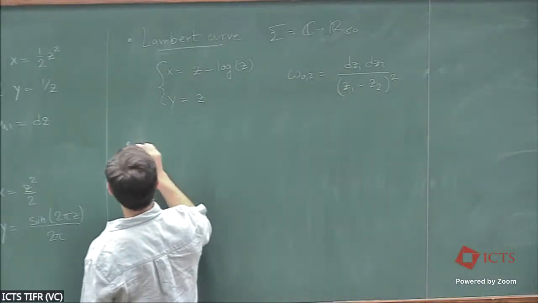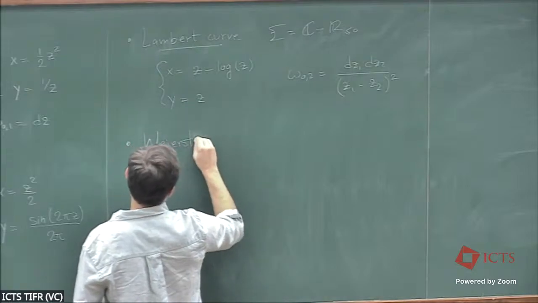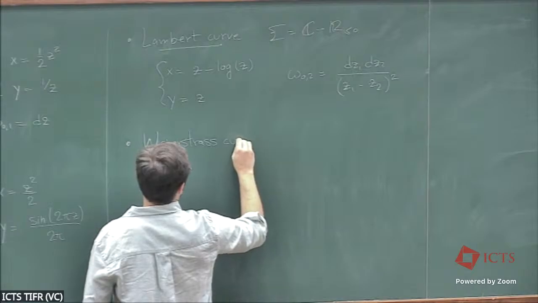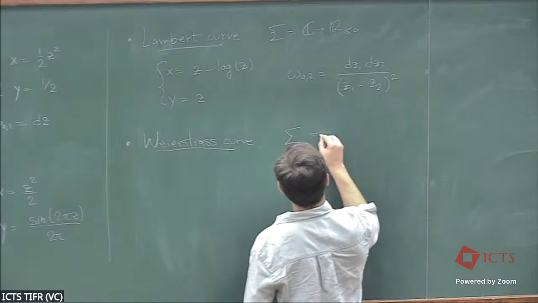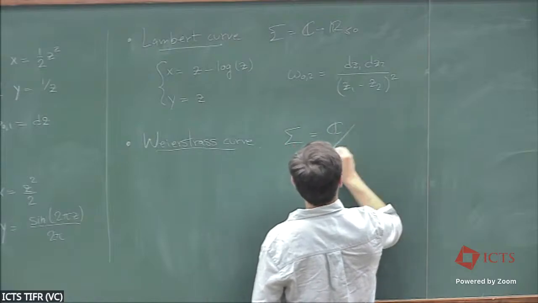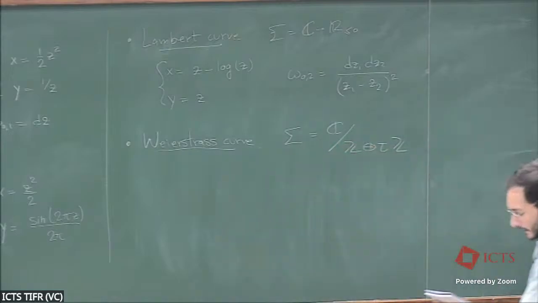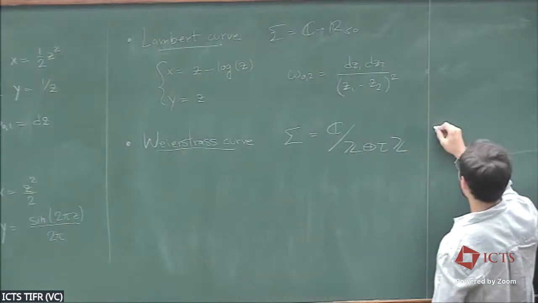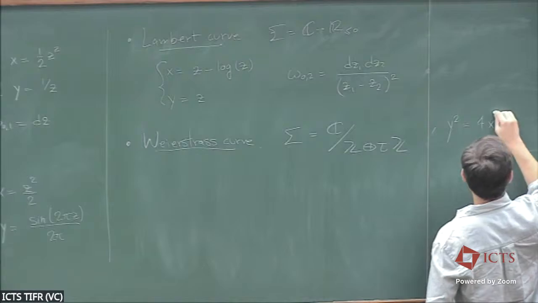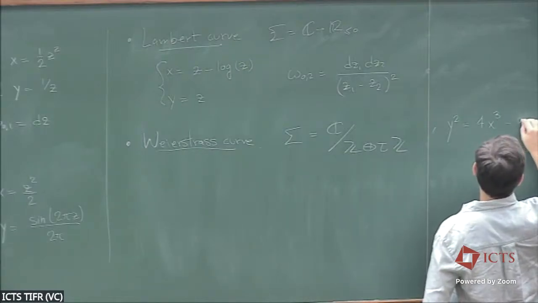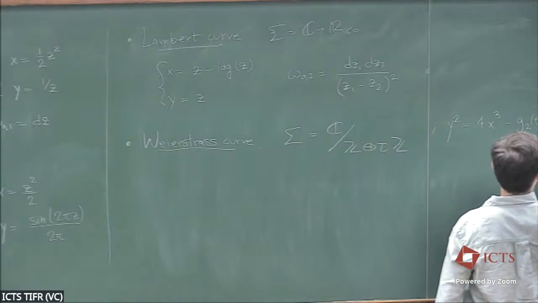And one last example, it's the Weierstrass curve. So this is a compact example where sigma is a torus, C over Z plus tau Z. And well, I can actually represent this in this way: y squared equal to 4x cubed minus g2 of tau x minus g3.